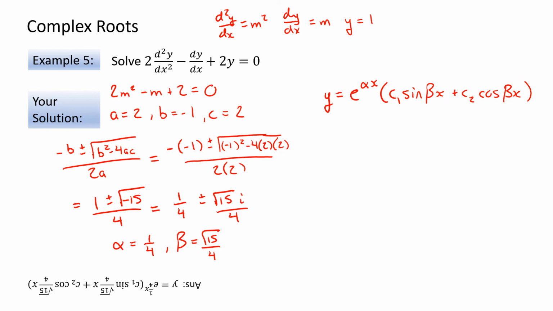Substituting in our values, we get that y is equal to e to the 1 over 4 times x times c1 sine of root 15 over 4 x plus c2 cosine of root 15 over 4 x. So similar format, just the extra steps of doing quadratic roots.